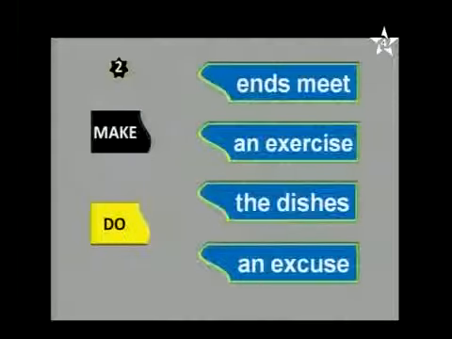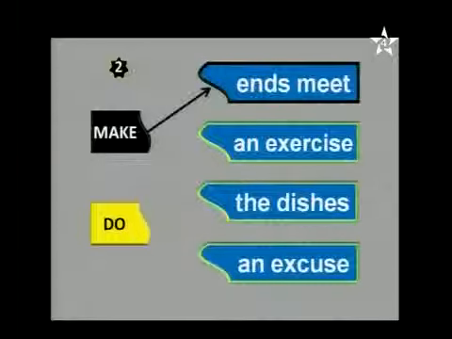So what do we say? Make what? Yes, good. Make ends meet, meaning just to have enough money to live, to spend no more than what you have. And what else do we say?